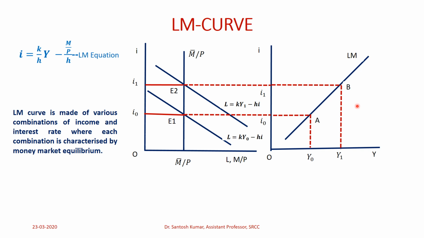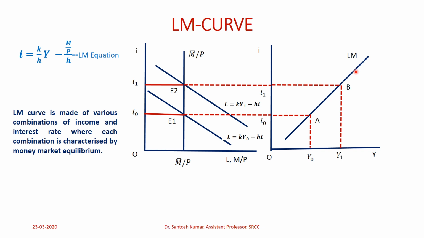Because it is the slope of the LM curve which is going to decide how effective monetary policy would be, or how effective fiscal policy would be. So the slopes of the IS and LM curves are basically used to explain the effectiveness of each policy.